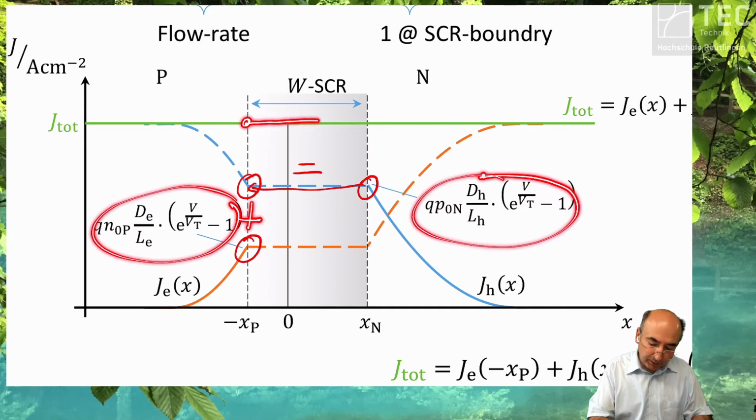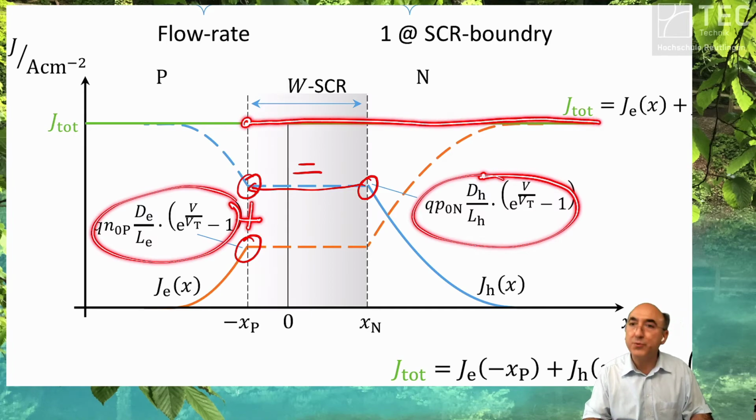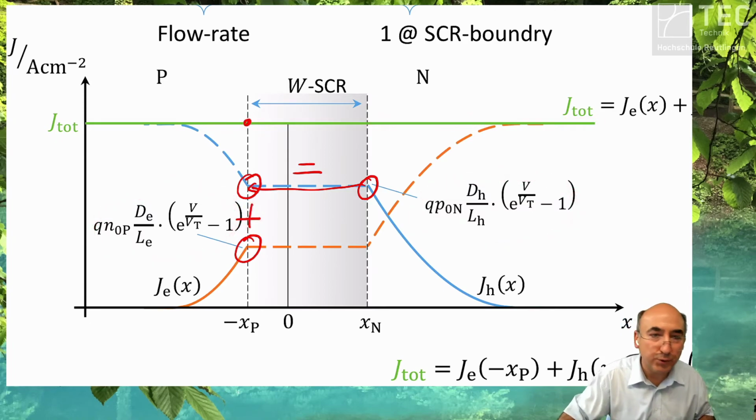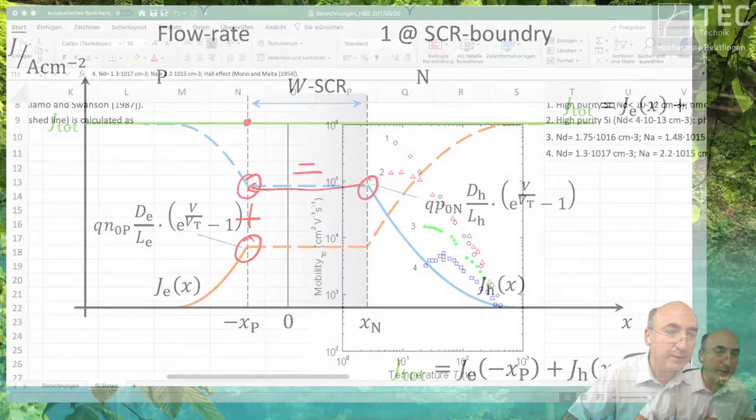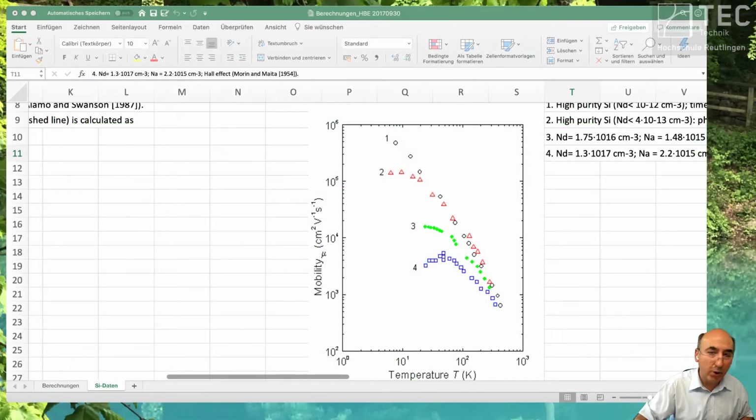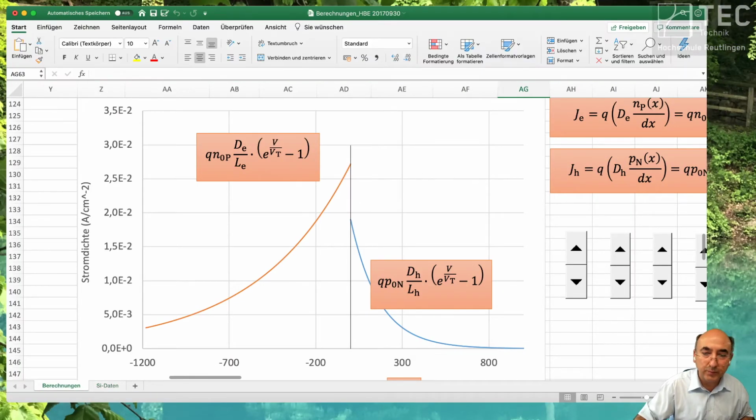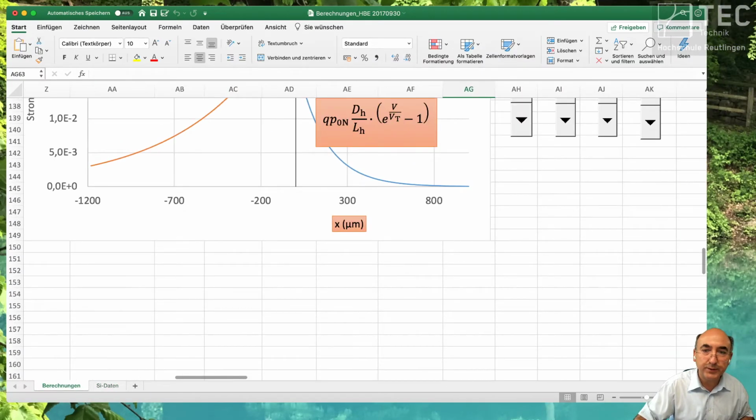And this total current is constant throughout the PN diode. And this value, for sure, I have calculated in the spreadsheet also. This value is ta-da-ta-ta.